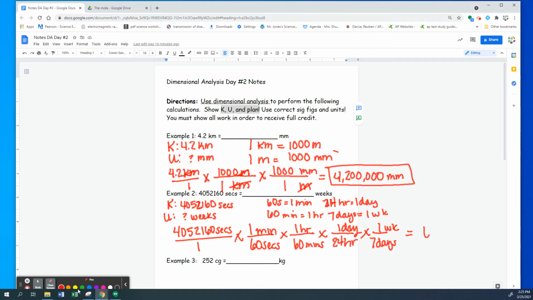I got 6.7. Now, what is our unit? Seconds cancel, minutes cancel, hours cancel, days cancel, and we are left with weeks. Make sure you highlight that, put a box around it so I know that it is correct. That's your answer.